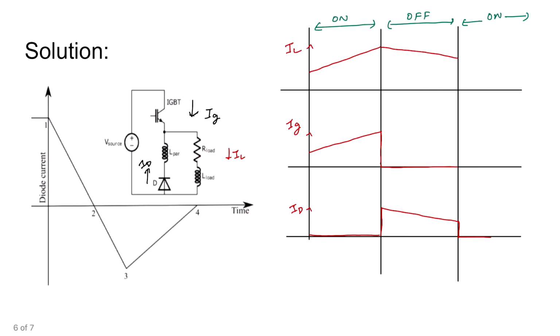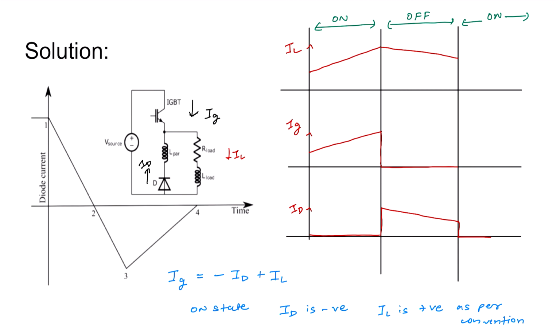So from the circuit, IGBT current is minus ID plus IL, as during the on state, due to reverse recovery, ID is negative and IL is positive as per the convention defined earlier.